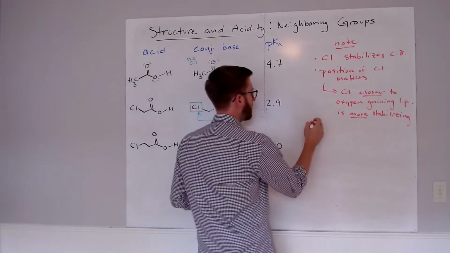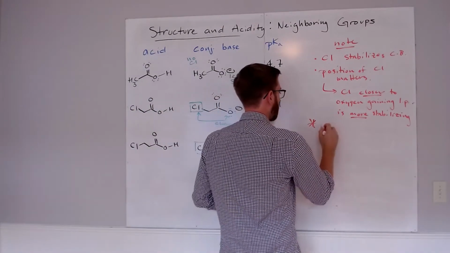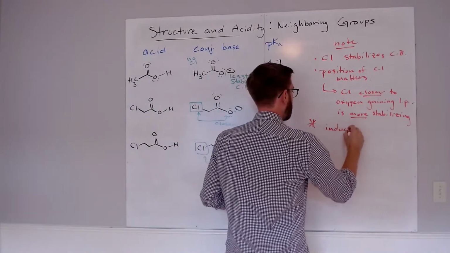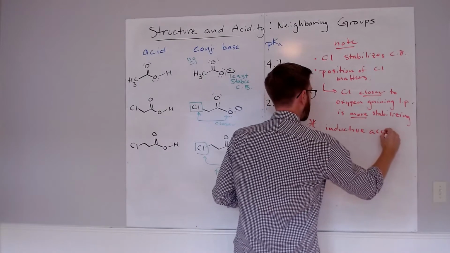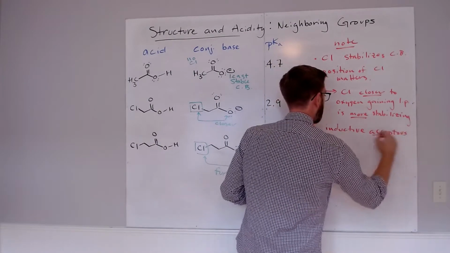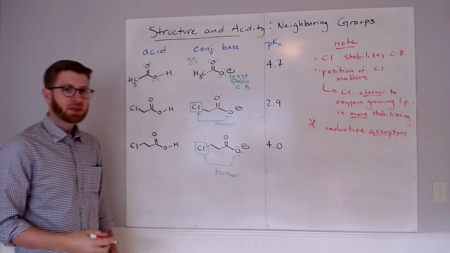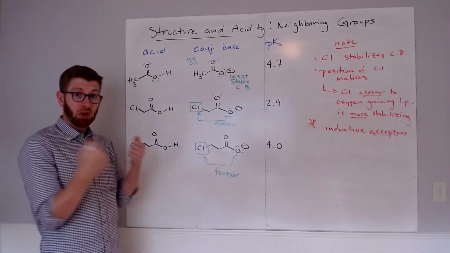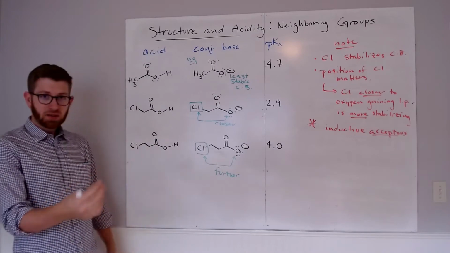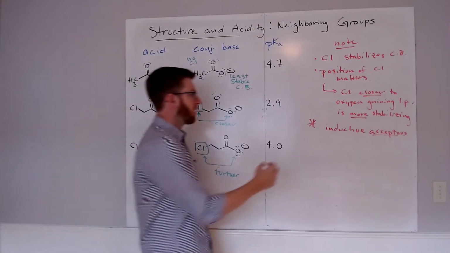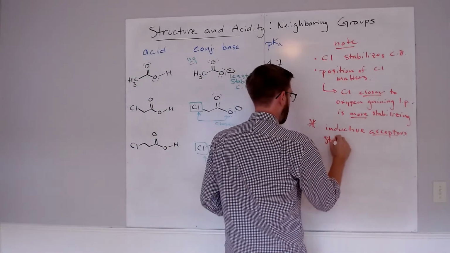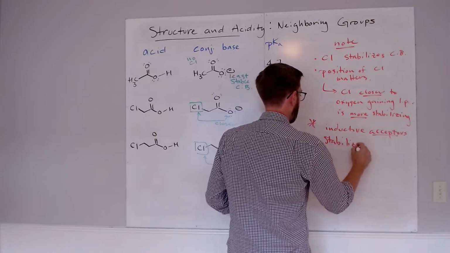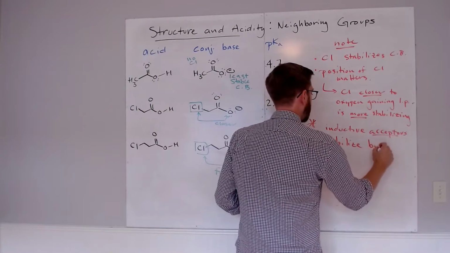So what we're observing here is that inductive acceptors, so elements or groups of atoms that will actually exert a pull on the bonds that they have to a molecule, are going to stabilize buildup of electron density.